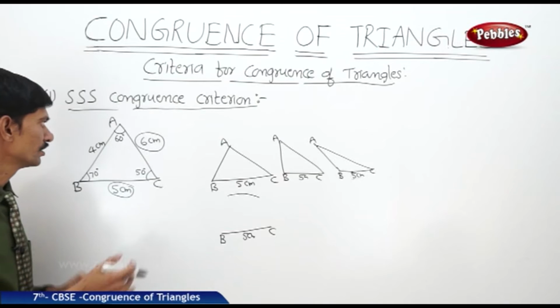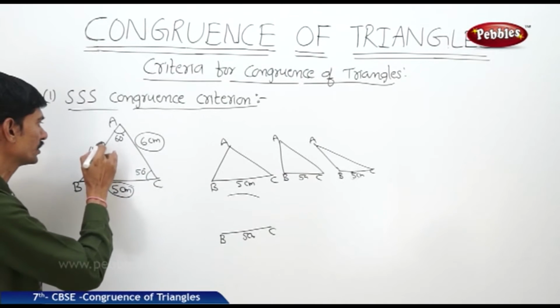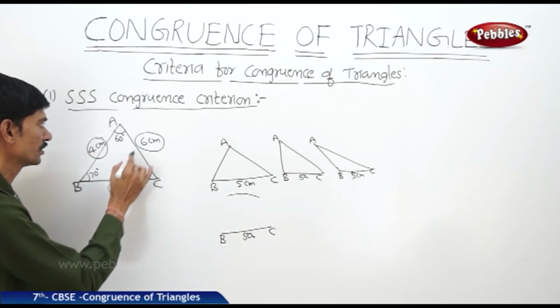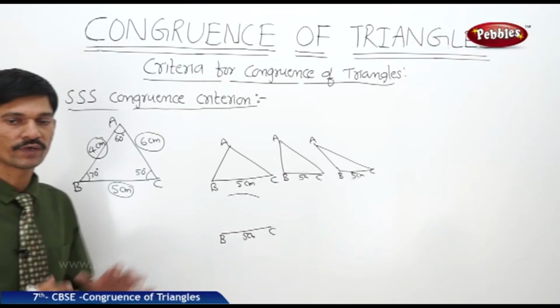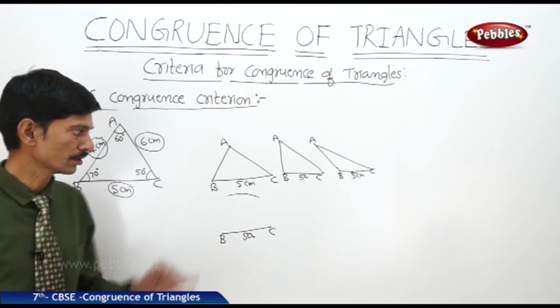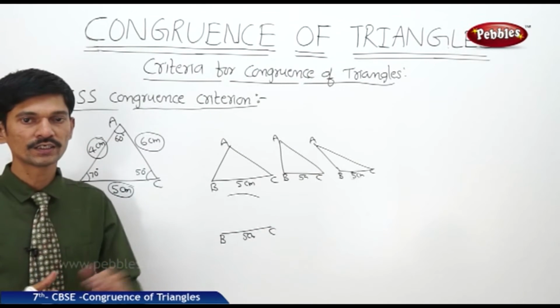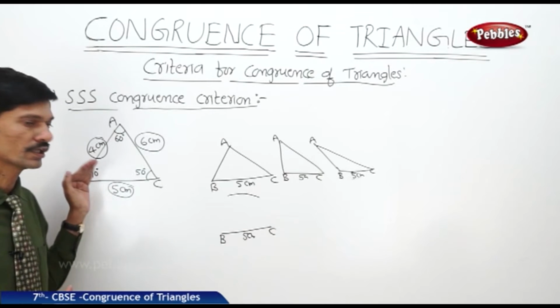Now for example, if you are given all three sides, 4 centimeters, 5 centimeters and 6 centimeters, you are able to draw the exact copy of the original triangle ABC.